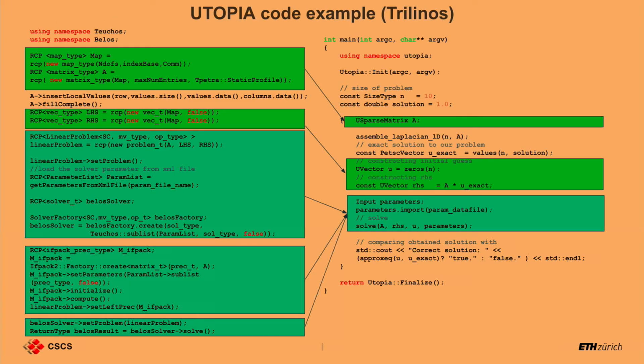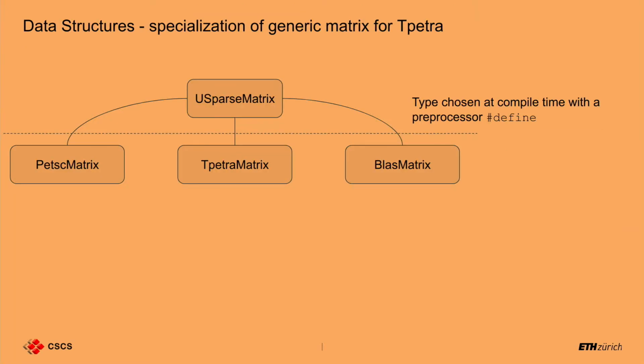Here you see the matrix is called USPASC matrix and vectors are called U vectors. So at compile time, the preprocessor, we define this USPASC matrix with the keyword, and the preprocessor at compile time is designed based on what you are going to decide when you compile. I want to use Trilinos or PETSc.